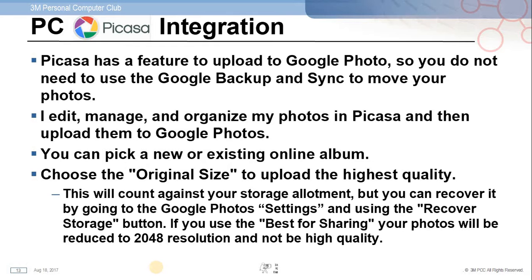The original size will count against your storage allotment, 15 gigabytes free, but there's an option in Google Photos to recover the size that you uploaded there by going into Google Photos and using something like recover storage. And that goes back through and compresses it, and then it doesn't count against your 15 gigabytes.